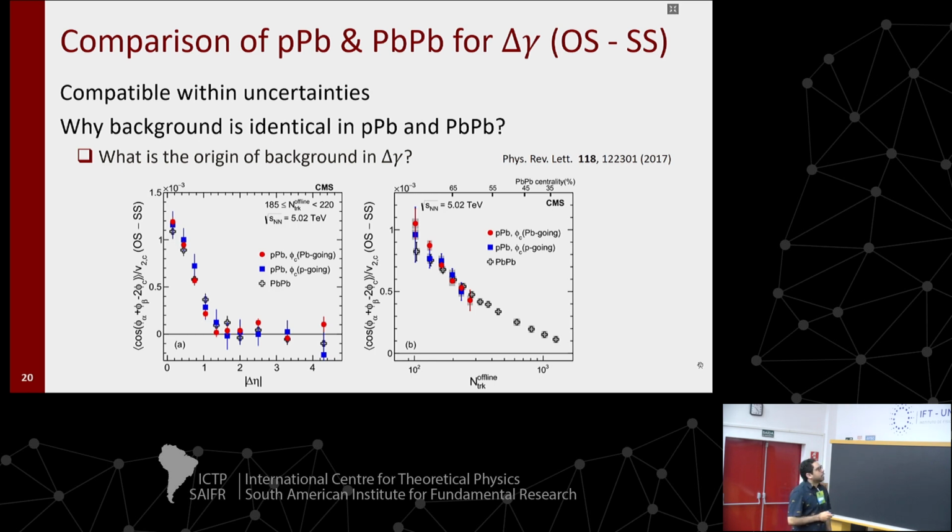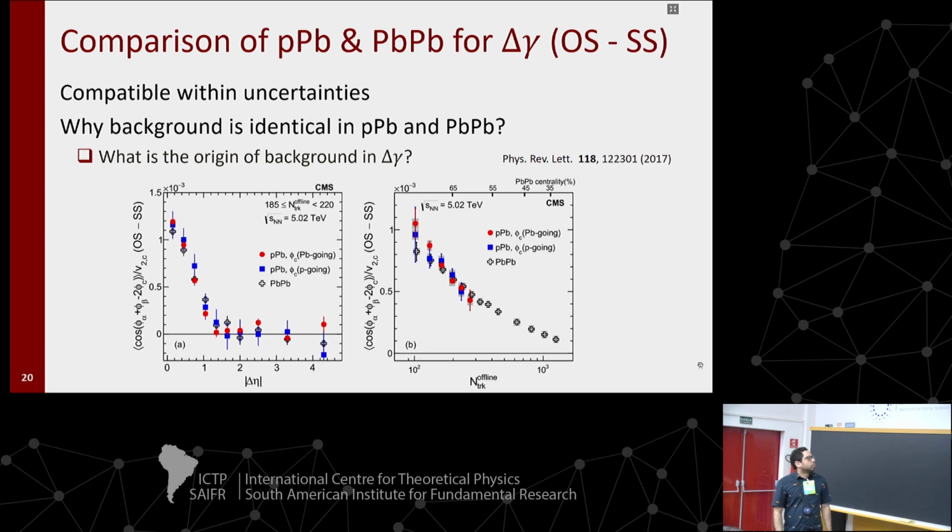Here is for p-lead and lead-p, because at the LHC they run part of the data taking with the lead going in one direction, and then they reverse it to the other direction. Since this can depend on the kinematics, we always do both configurations, and we also do it for lead-lead, for the same observable, the delta gamma.